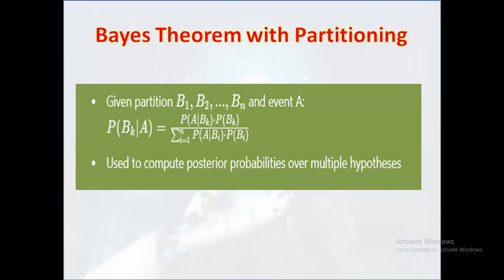It ensures that all hypotheses are considered and the probabilities are normalized to reflect the updated beliefs. This extension of Bayes theorem is essential when dealing with complex problems involving several possible causes for observed data, helping to determine which cause is most probable.